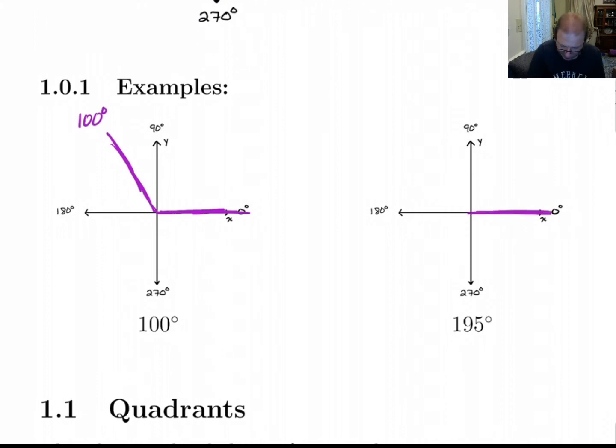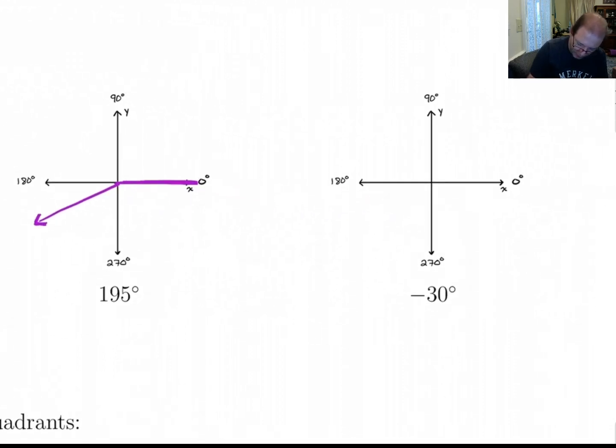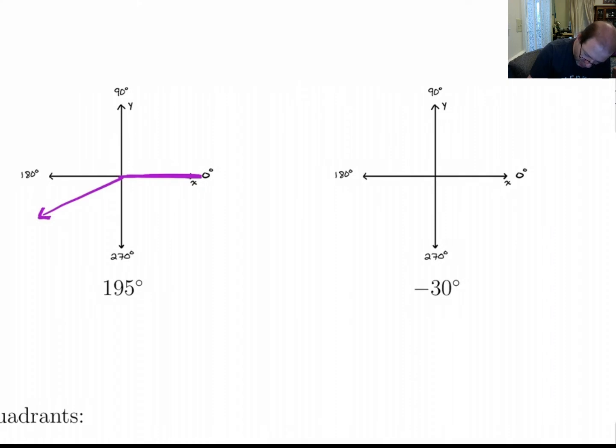The terminal side would be over here, 15 degrees past 180. And let's see, negative 30 degrees, that would be, initial side would be here, and the terminal side would be down here. Because it's negative 30 degrees, so we're going to be going down instead of up.